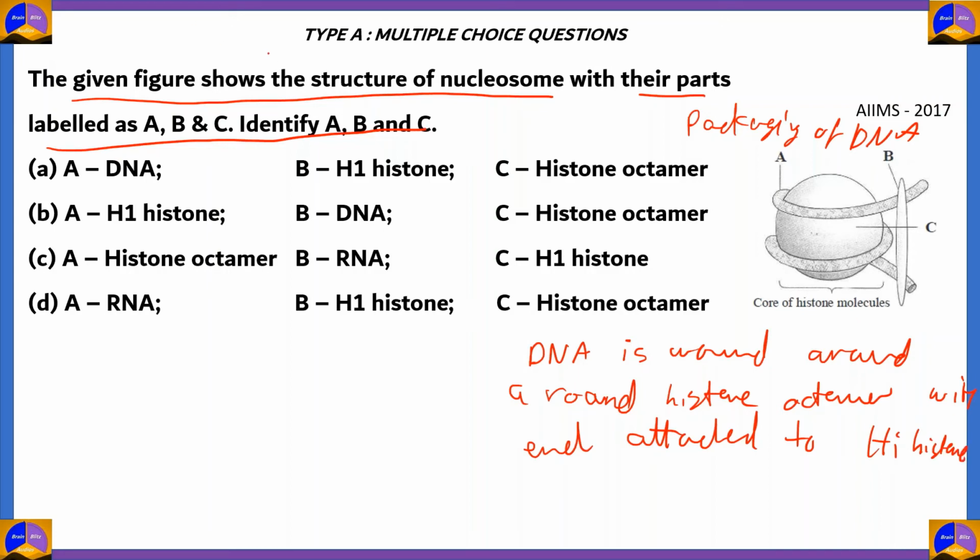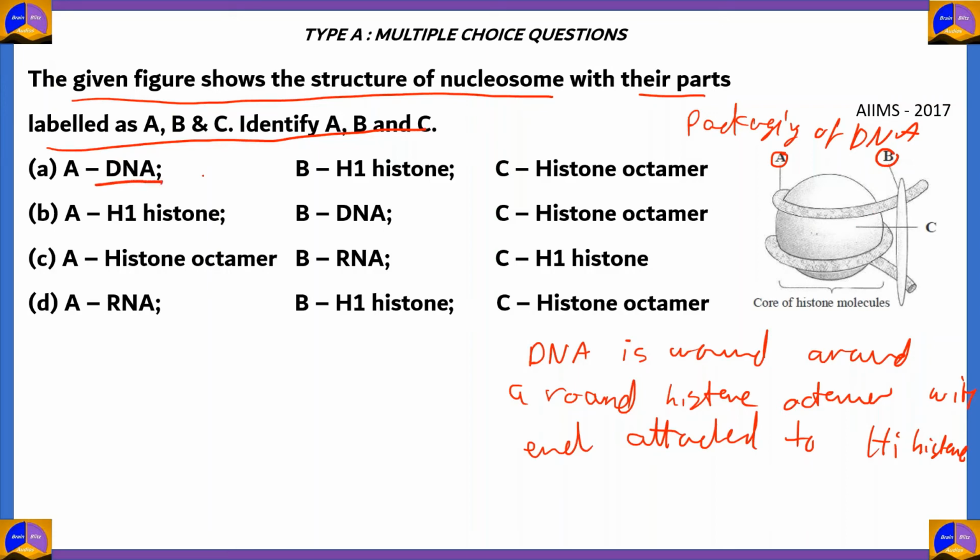So we see that both ends of the component A are attached to B, and A is wound around C. In accordance with the statement given here, we can safely conclude that the structure A has to be DNA.